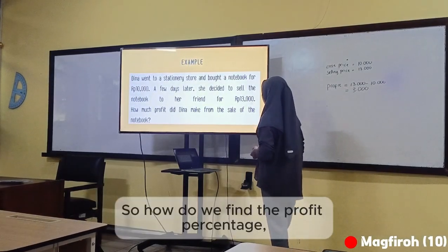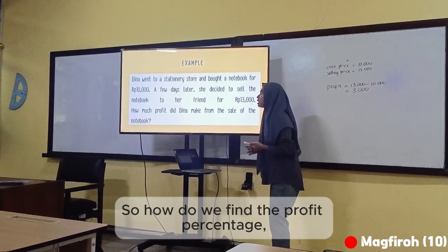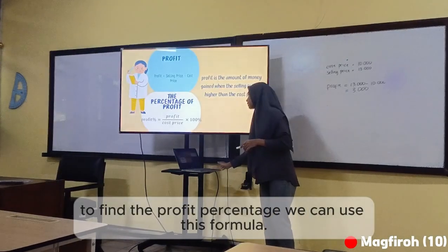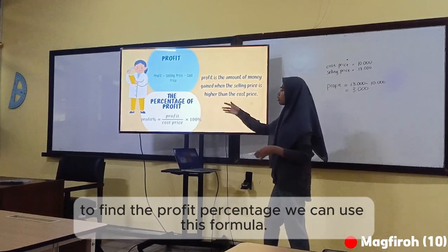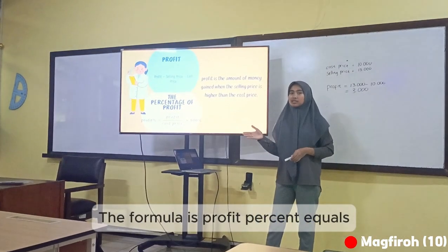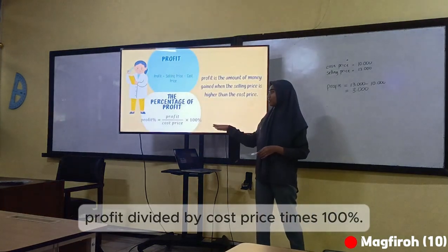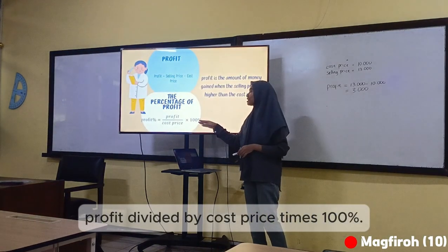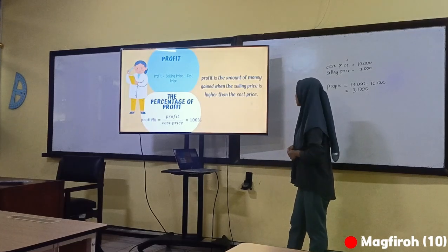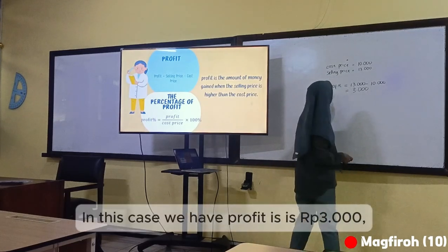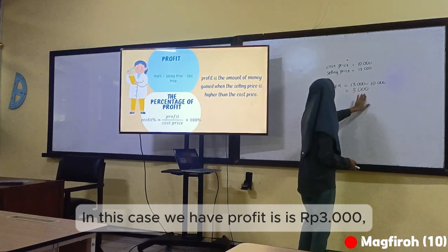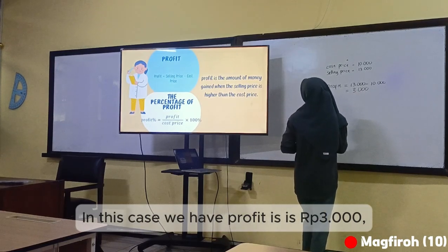So how do we find the profit percentage? To find the profit percentage, we can use this formula. The formula is profit percent equals profit divided by cost price times 100%. In this case, we have profit is 3,000 rupiah.